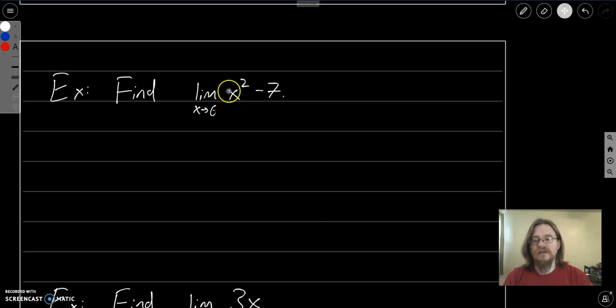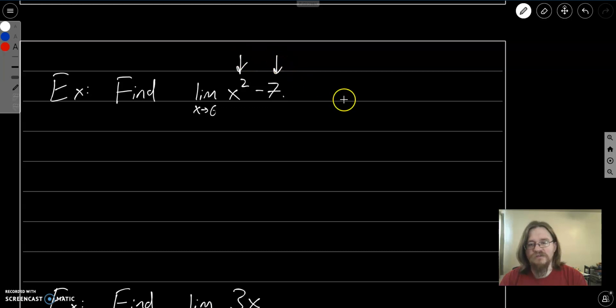So let's find the limit of x squared minus 7 as x approaches 6. Well, first of all, I notice that I'm taking two functions and I'm subtracting them. So what I'll do is I'll write the limit as x approaches 6 of x squared minus 7.